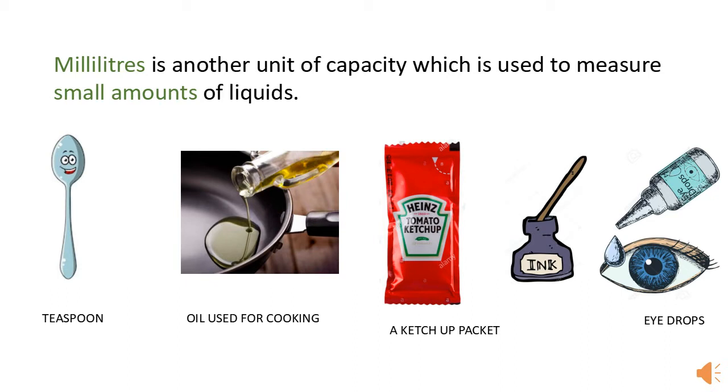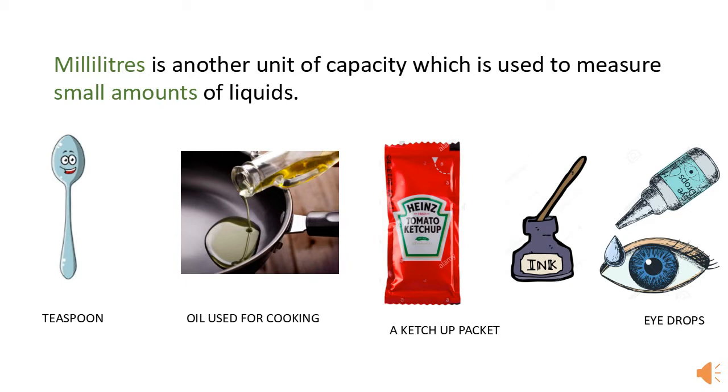How much can a teaspoon hold? Very less, isn't it? So which is the unit you are going to use? It's milliliters. Okay. Now how much oil is used for cooking? If you have seen your mother cooking, then you would have noticed it's a very small amount used, isn't it?